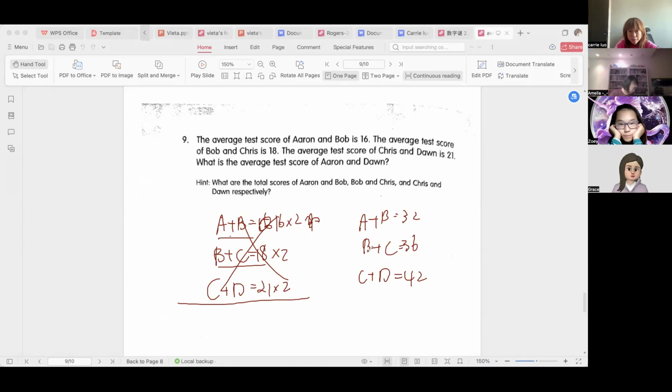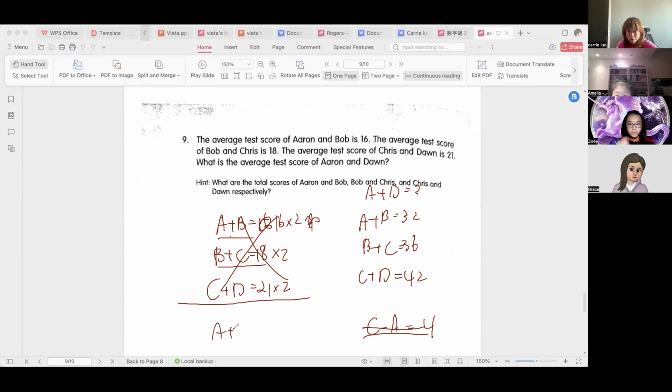So we want to find out A plus D equals what, correct? If you take a look at this one, A plus B minus B plus C equals what? Oh, sorry, you should add all together.